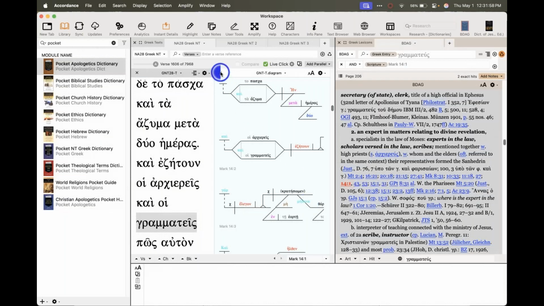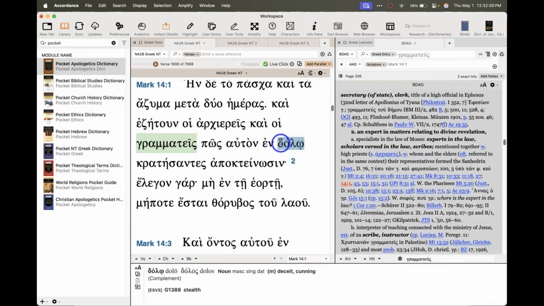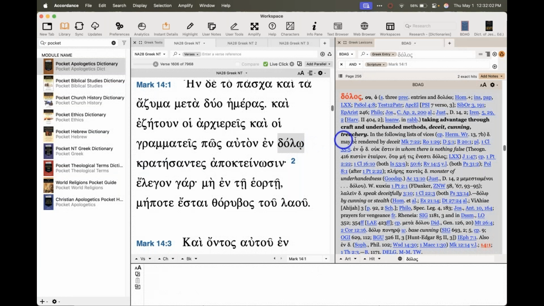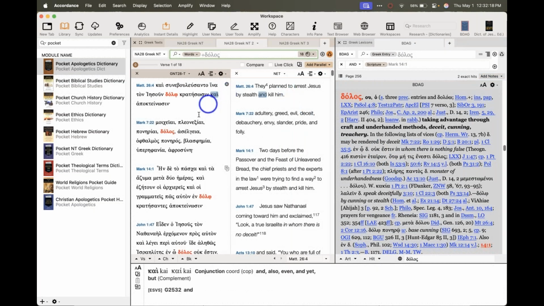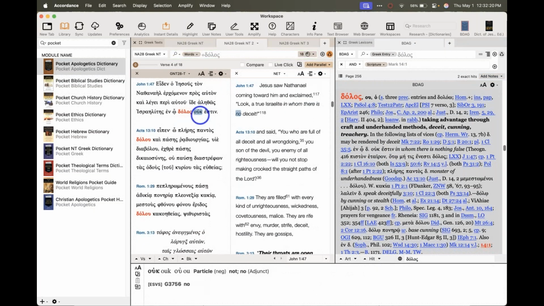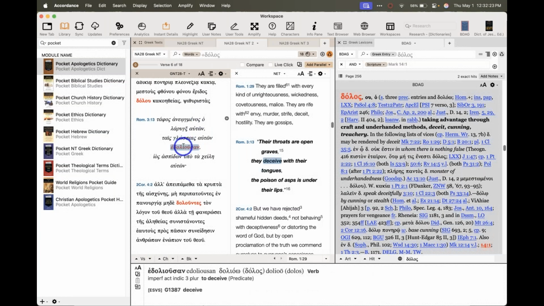En dolō is an interesting phrase. We've got it here. If you triple click dolō, you can see BDAG gives it as taking advantage through craft and underhanded methods, deceit, cunning, treachery. So that word deceit, in fact, I wonder if we could find some other, yeah, here's the word I'm looking for, dolioō, to deceive.